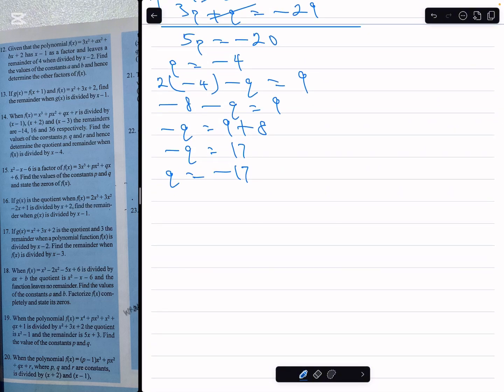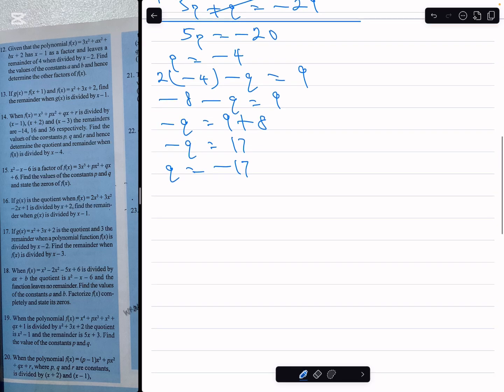Now the second part says state the zeros of f of x. First of all, to state the zeros of f of x, we equate f of x to 0. But first of all, we need to write f of x in full. Now that we know p and q, we can write f of x in full. f of x will now be 3x cubed plus px squared.